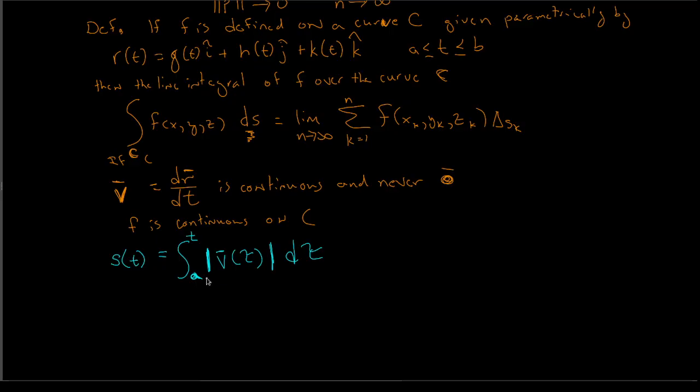And what we need to do then is let ds be the norm of v of t dt.